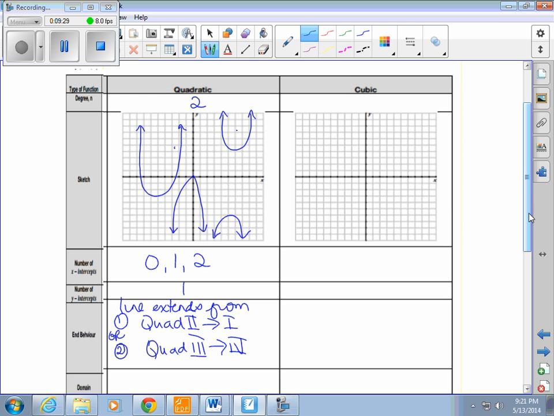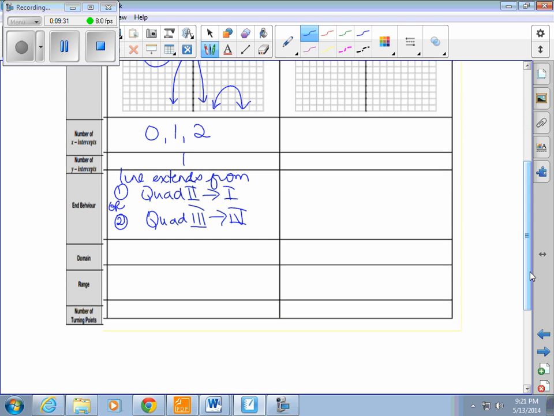What's our domain and our range? Our domain is the set of values for x such that x is an element of real numbers. Our range is going to depend on whether or not our graph is going up or down, so whether it has a maximum or minimum.